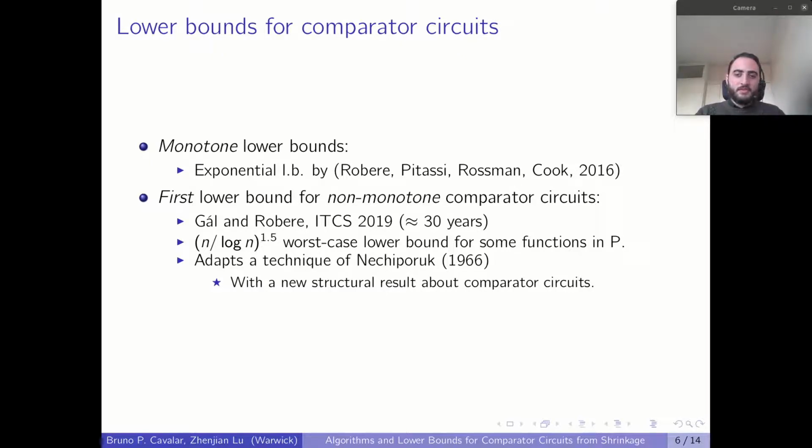After over 30 years of study of this class, this is the first superlinear lower bound for this class, and they showed an n over log n to the 1.5 worst case lower bound for some function in P. Their lower bound basically adapts a technique of Nechiporuk from 1966, with a new structural result about comparator circuits that they exhibited.